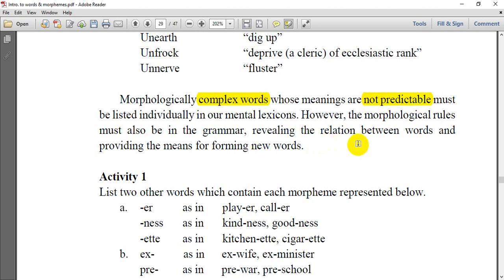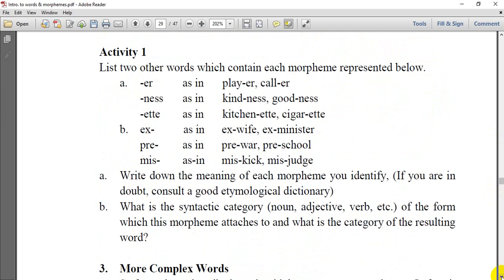It's very important to reveal the relation between them.